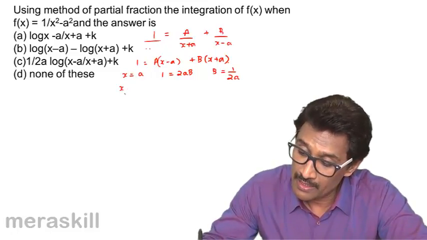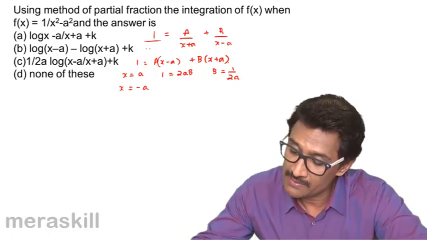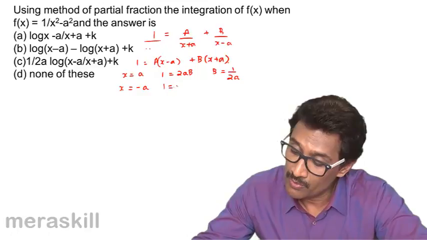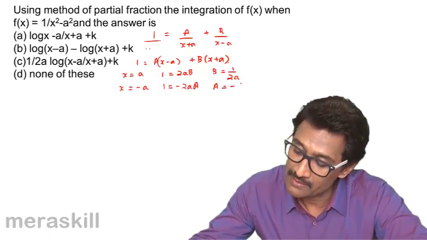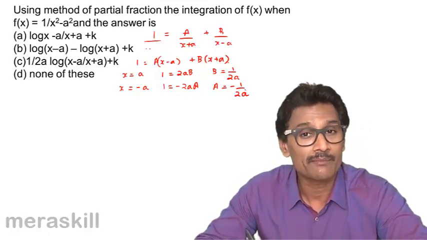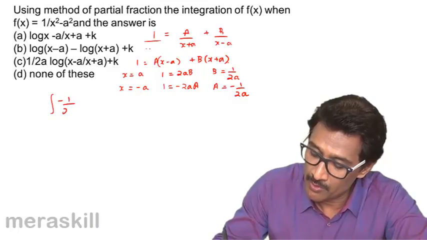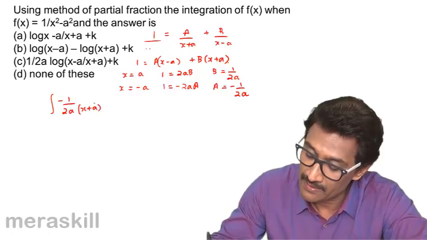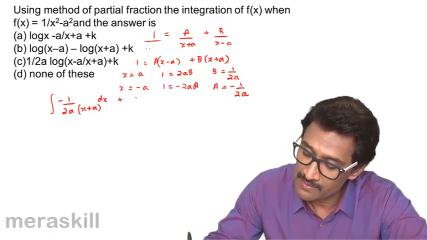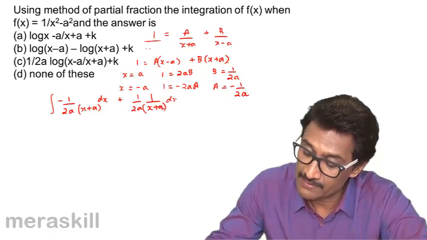Suppose x is equal to minus a. If x is minus a, then 1 would be equal to minus 2aA. So A would be equal to minus 1 upon 2a. So eventually it's going to be minus 1 upon 2a into 1 upon x plus a dx plus 1 upon 2a into 1 upon x minus a dx.